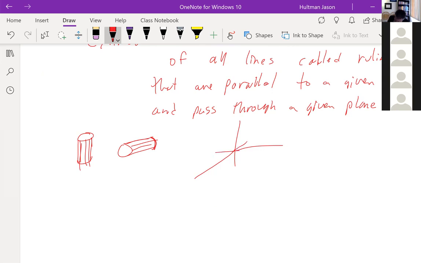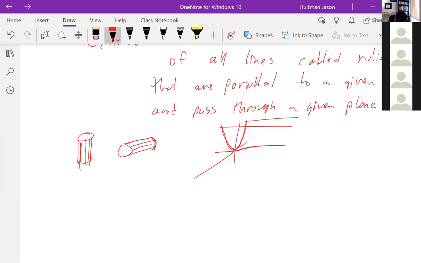We could have a parabola be a cylinder, as long as it's going all in the same direction.